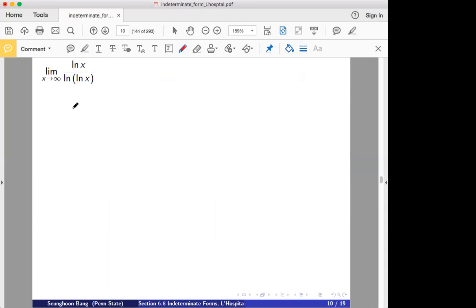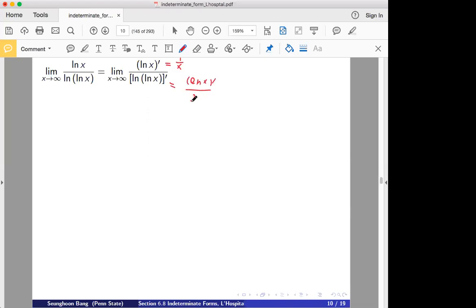Here, which is growing faster? In this case, as x approaches infinity, it is infinity over infinity form, so I want to use L'Hopital's rule. What is the derivative of ln of x? The derivative of ln of x is 1 over x.